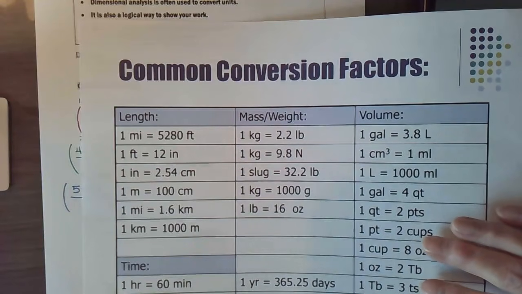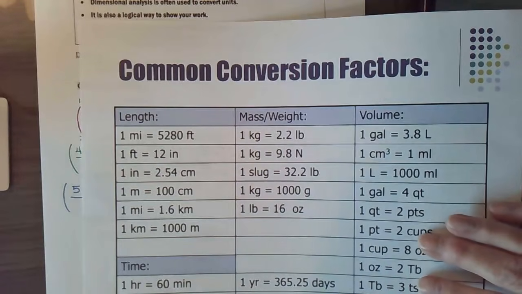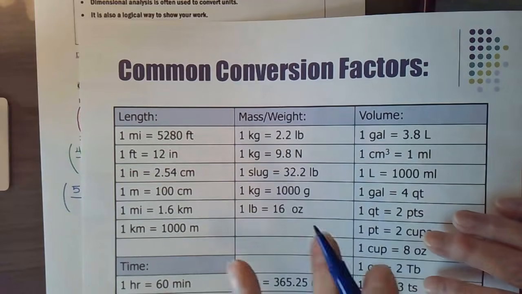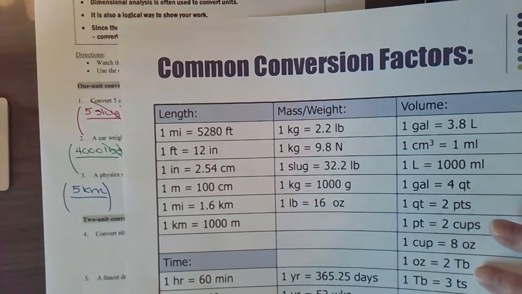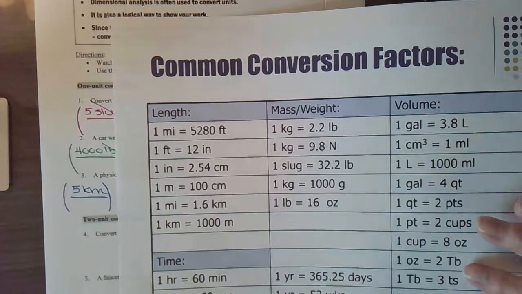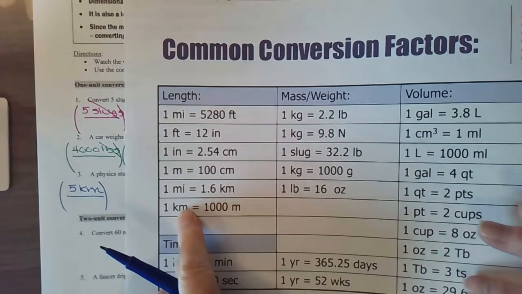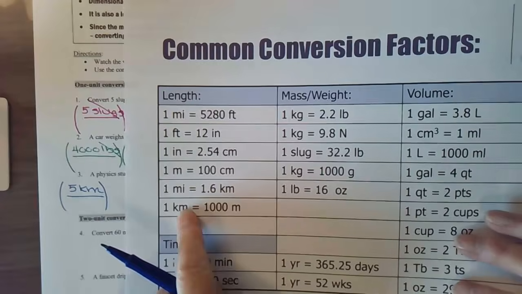And I'll also tell you that there's multiple ways to get this answer. I might choose a path that's different than the path that you or your friend might have chosen, and that's okay. All right, so I have 5 kilometers, and I'm trying to find something that might help me get to feet. So I'm going to pick this one. Sometimes you pick one, and it's a dead end. Then you just got to try it over. But I'm going to pick this one.